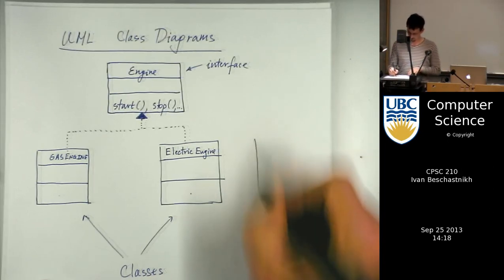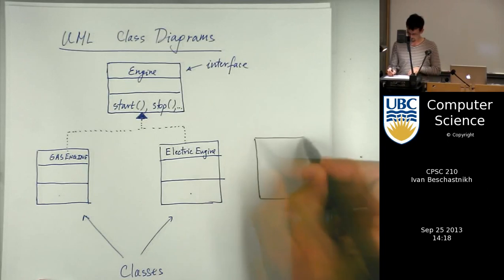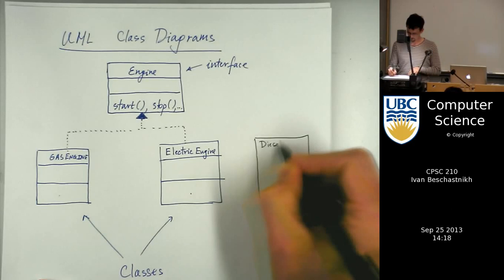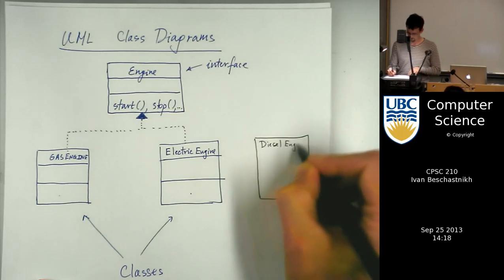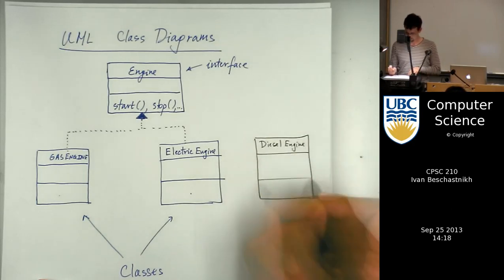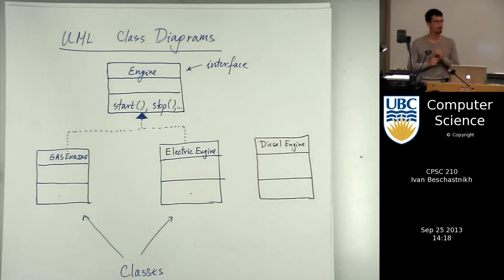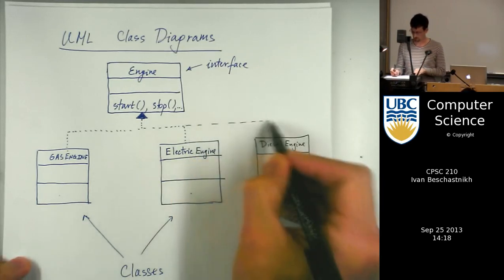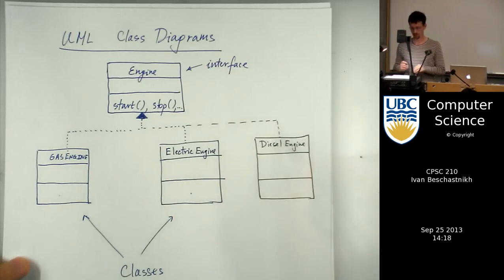So let's call it the diesel engine. And then what? Is that it? My diesel engine is going to implement the interface, so I'll have the same relationship to the engine interface, the implements relationship.